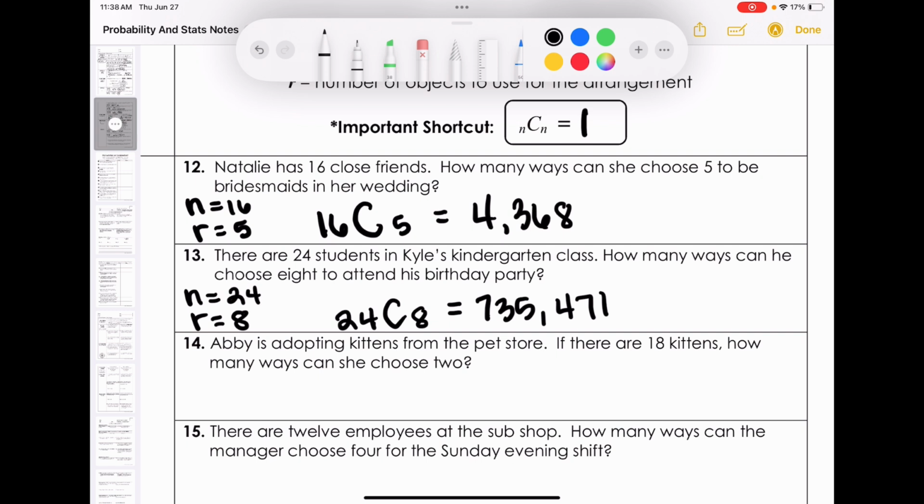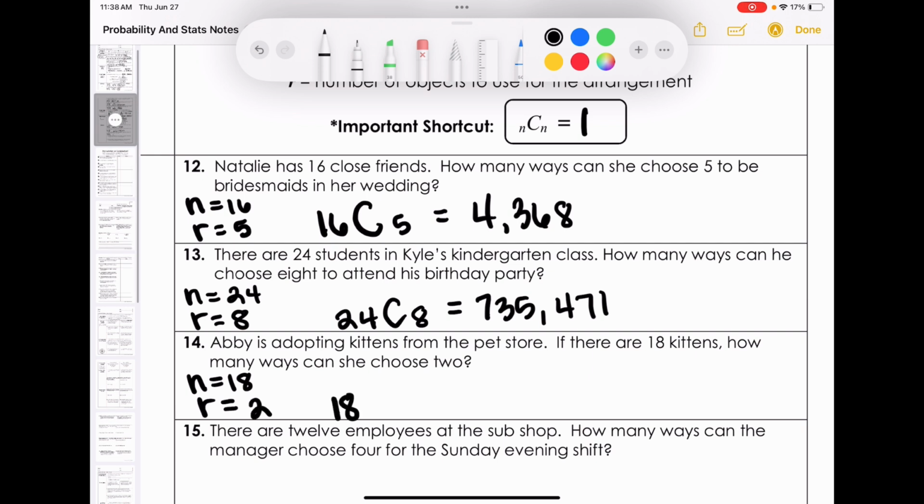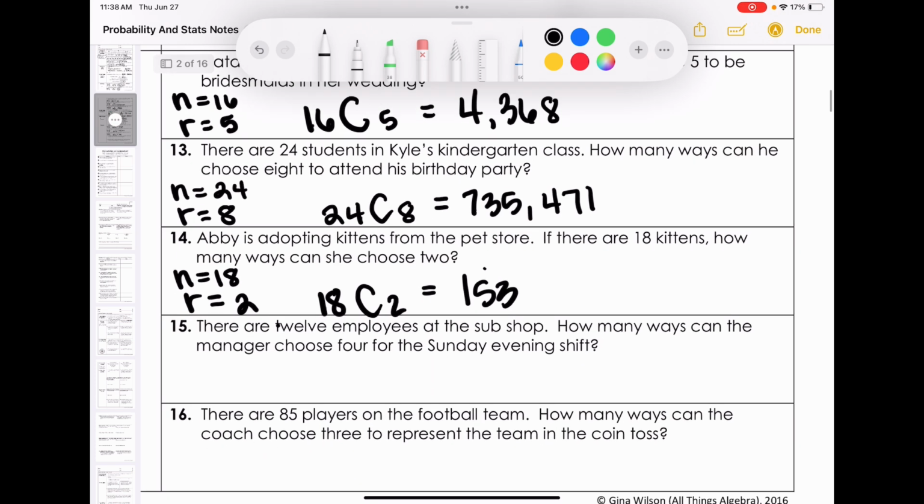All right, 14. Abby is adopting kittens from the pet store. If there are 18 kittens, how many ways can she choose 2? So I'd have 18C2, which gives me 153.